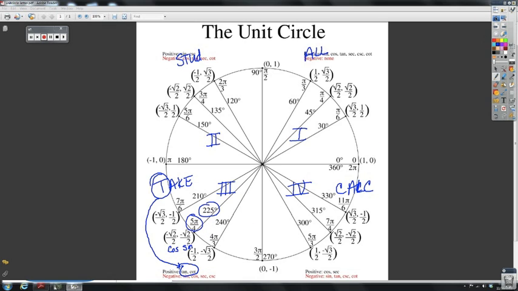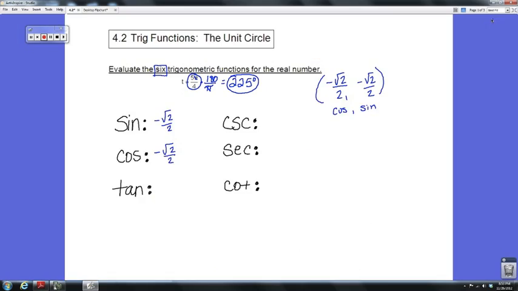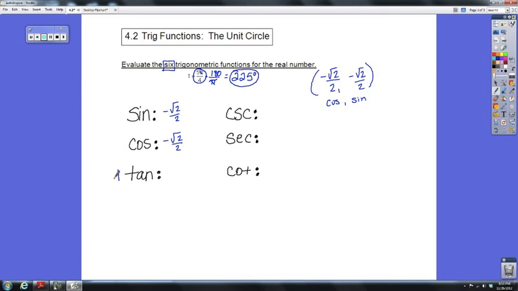So as we're going through these 6 trig functions, only the tangent should have a positive answer, and only the cotangent should have a positive answer. All of these others should turn out to be negative. And so far so good, because these 2 are negative. So just keep that in mind and make sure that all of your signs and all of your answers turn out right. Because if you have this on a quiz or a test, this is going to be 6 different answers. And if you screw up 1 or 2 of them, you're likely to mess up on the rest of it.